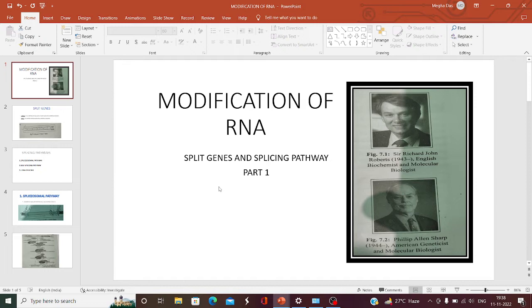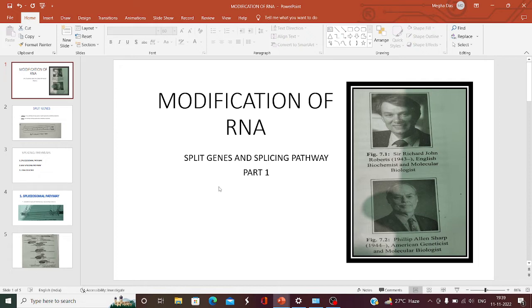We already know that transcription is the formation of RNA from DNA, because we use DNA as a template for the formation of RNA. We have already seen that process entirely, but now we are going to see a very important part of the post-transcriptional process, that is modification of RNA.